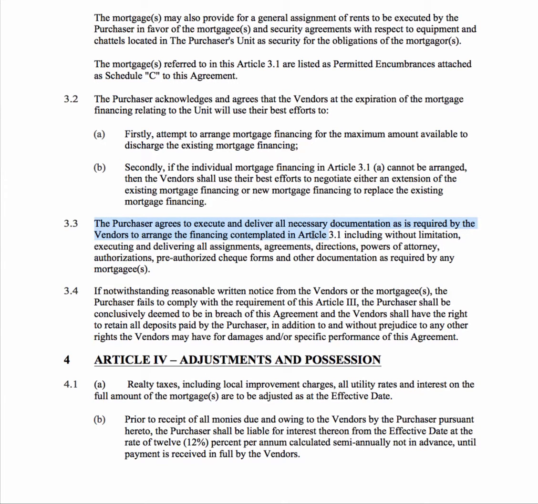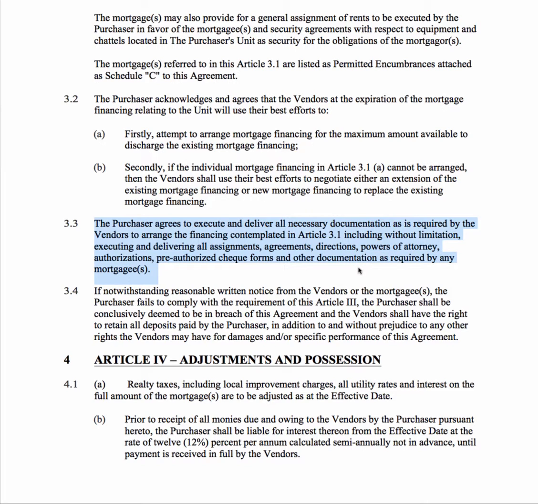The purchaser agrees to execute and deliver all necessary documentation as is required by the vendor to arrange the financing contemplated in Article 3.1, including without limitation, executing and delivering all assignments, agreements, direction, powers of attorney, authorization, pre-authorization check, forms, and other documents as may be required by the mortgagee.